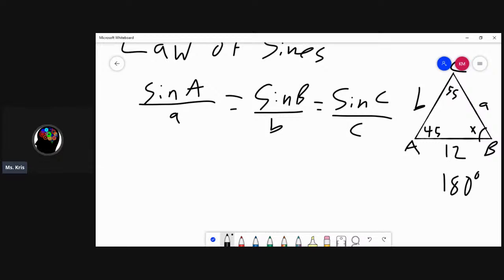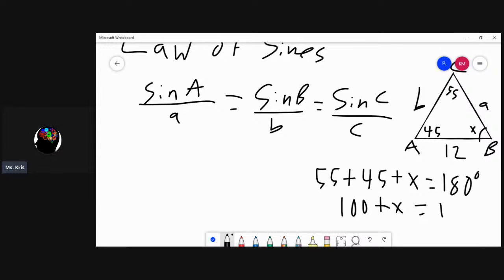So, since the triangle equals 180 degrees, to find my third angle, I must add 55 plus 45 plus the missing angle in order to get 180. So now 55 plus 45 equals 100. And of course, the 100 is being added to the x, and it equals 180.